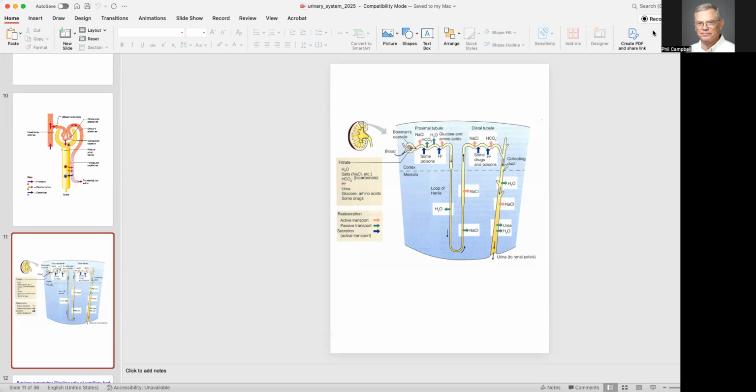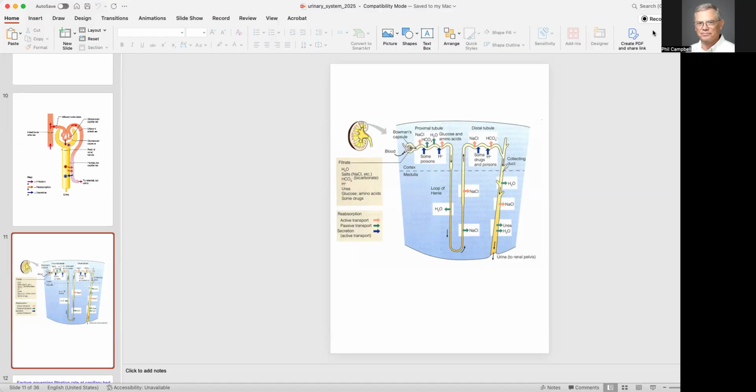Now, the loop of Henle is unique. The descending arm of the loop of Henle is only, I repeat, only permeable to water, not salt. Only water. And that's via osmosis. Now, the ascending loop is impermeable to water, but permeable to salt.